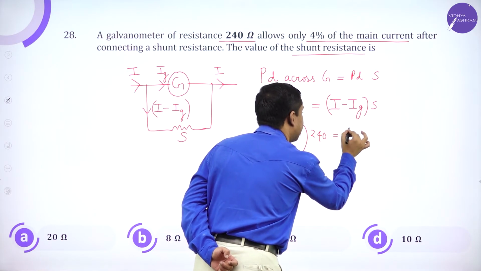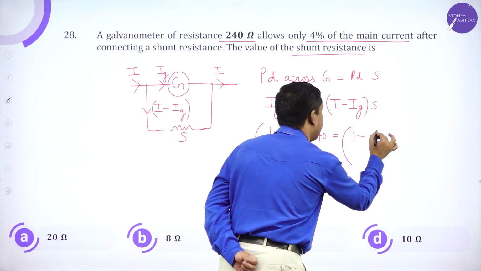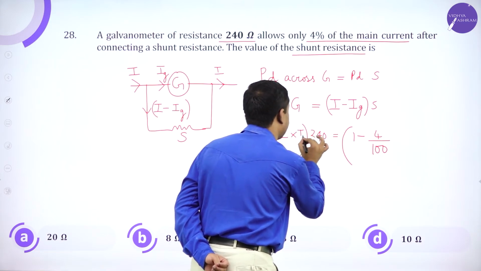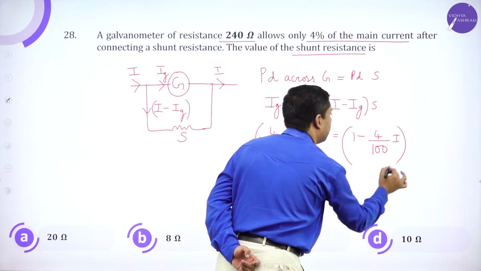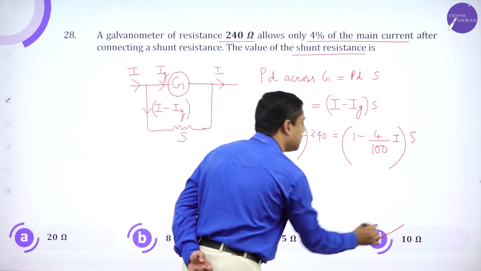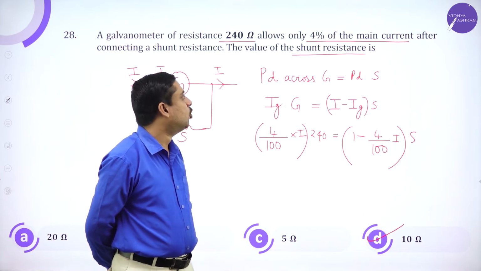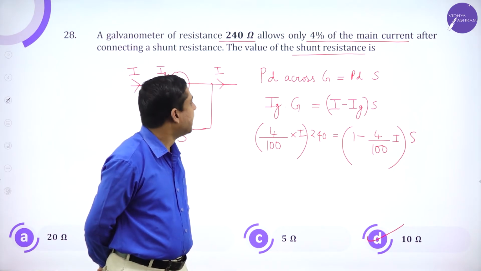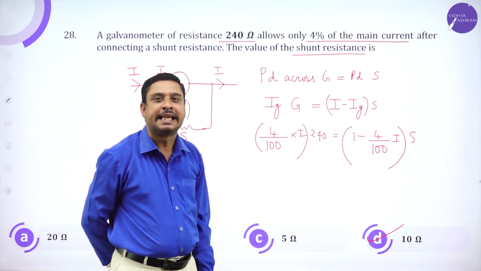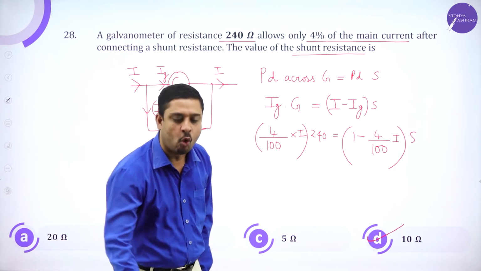And again this is (1 minus 4 by 100) into I. Simplify, yes, 10 ohms will be the answer. So the resistance across the galvanometer, the shunt resistance, is 10 ohms.